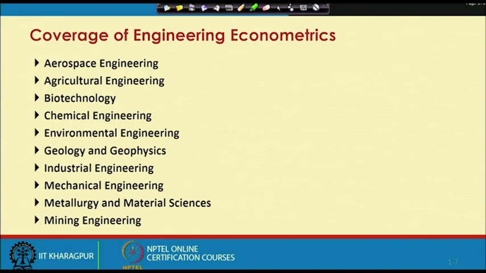We can start with aerospace engineering, and in the next technique the application may be towards biotechnology or chemical engineering. Once you know the techniques, you can use them on your engineering problems to get new insights.